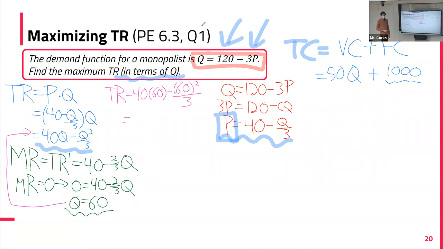And we get a number. We have a common factor of 60. However we want to solve it, the result here is 2,400 minus 1,200, so 1,200. So there is the actual maximum total revenue. And we found that based on this Q value here of 60.